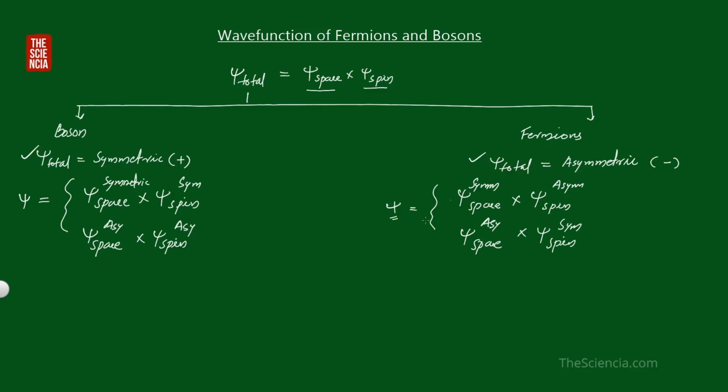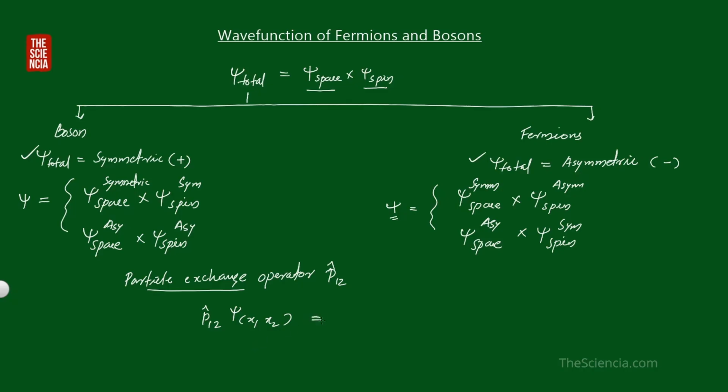Okay, now let me introduce a particle exchange operator. That is represented by P12. Suppose this operator is operating on a certain state psi of x1 comma x2, where x1 and x2 are the positions of two different particles.